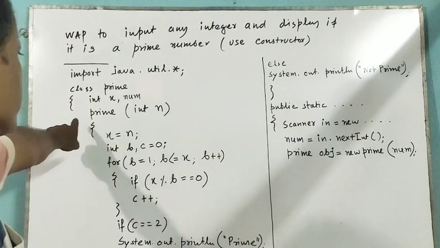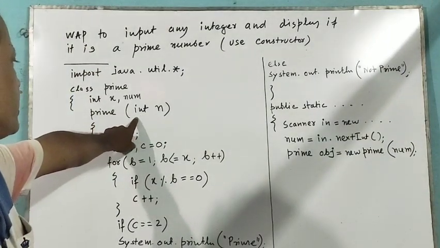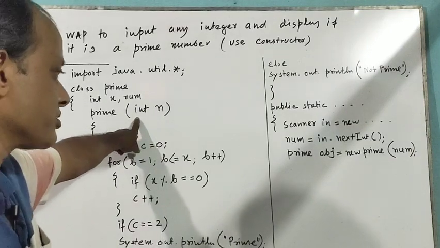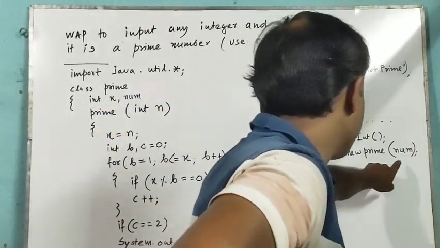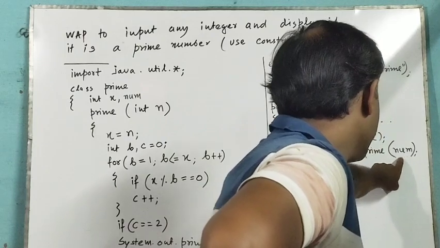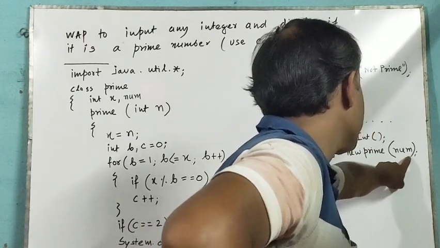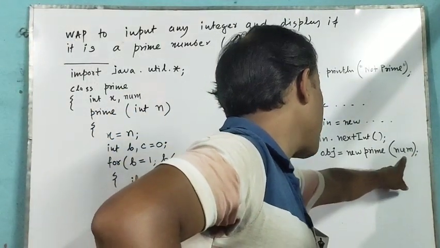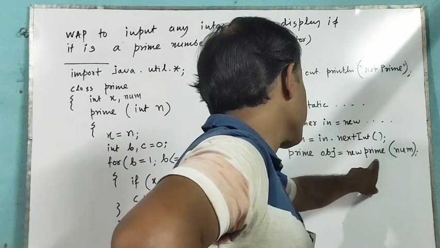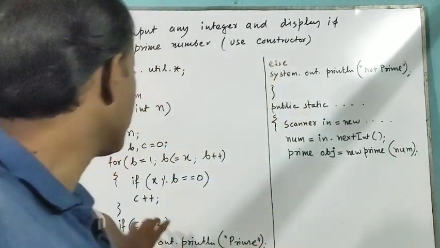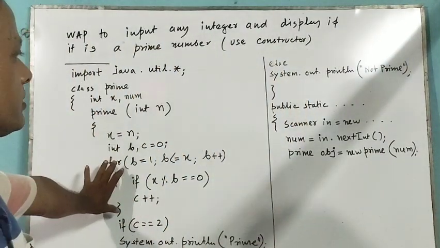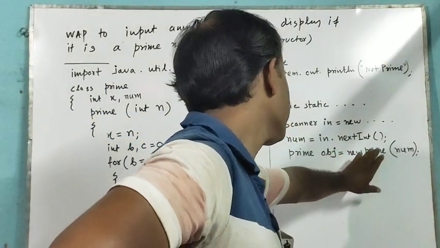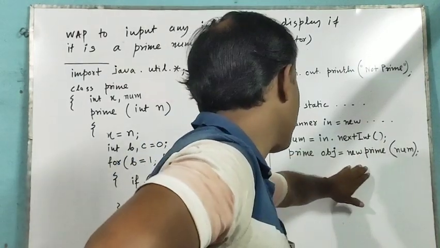And if you look at the constructor declaration, here we have one int variable as parameter of the constructor, and that is replaced by this num int variable. So the value of num is passed to the constructor, and the body of the constructor, whatever calculation is done, that is now called here. That means that part is performed here.